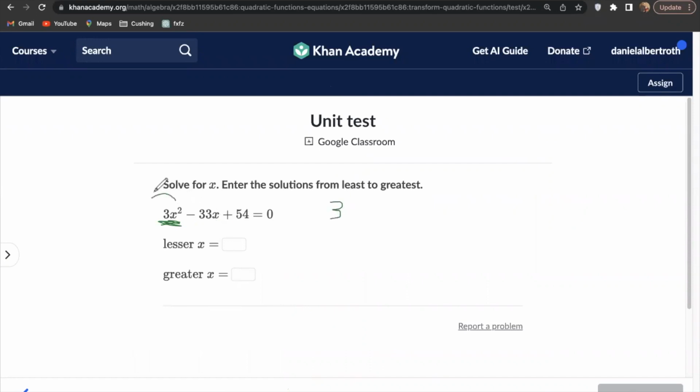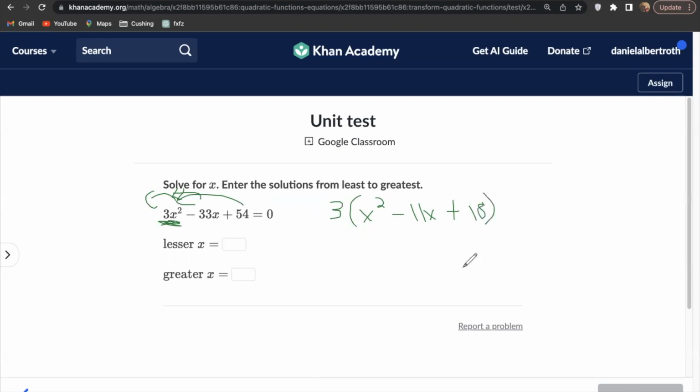If I pull a 3 out of 3x squared, you're left with just x squared. If you pull a 3 out of negative 33x, you're left with negative 11x. And if you pull a 3 out of 54, you're left with 18, I believe. Yes, 18. So we'll say plus 18.